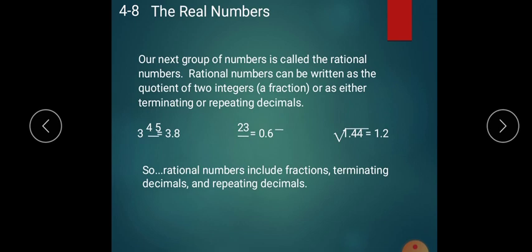For example, 2.6666 and so on, or 2.343434. That means a digit is repeating or two or more digits are repeating. So such repeating digits of the decimal number are called repeating decimals.